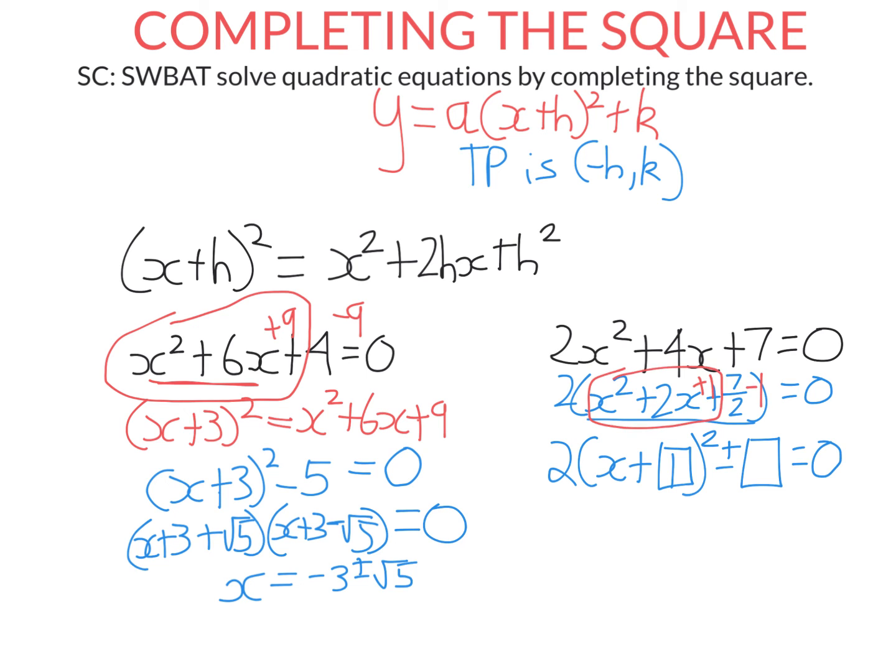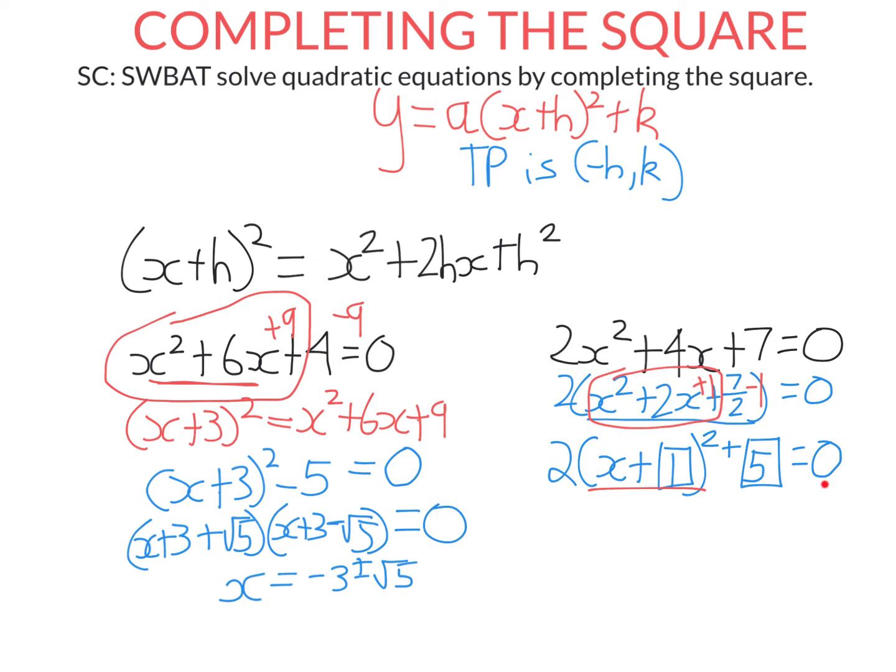This here is x plus 1 all squared. So what I'm left with here is 7 over 2 minus 1, which is 5 over 2. But because there's this 2 outside the brackets, 2 times 5 over 2 will just give me positive 5. So the number that goes in here is positive 5.